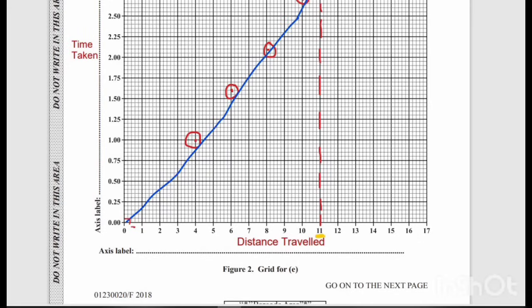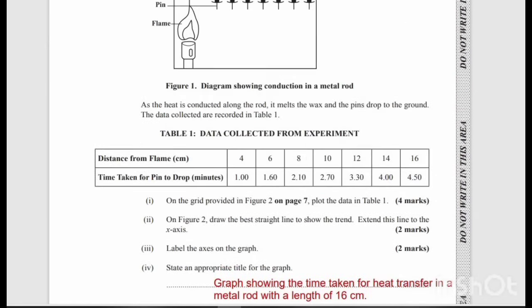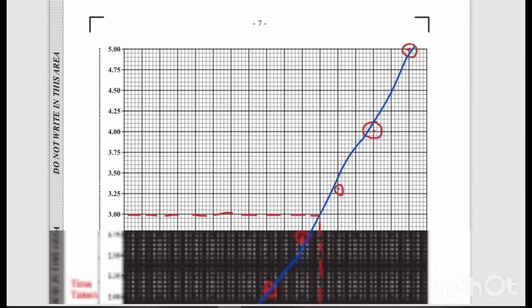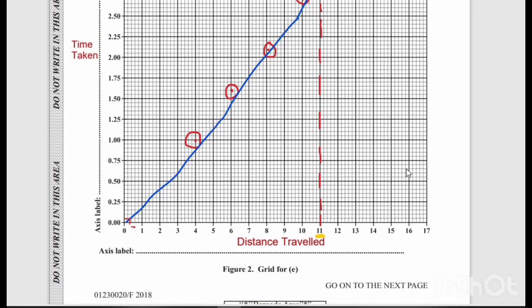Let's do the second one to show the pattern of how we got that piece of information. For distance, we said that it was 6 centimeters. The time taken was 1 minute and 60 seconds. So let's look at the distance traveled, or should I say 1 minute and 6 seconds, because as we know, 60 seconds make a minute. So 6, right here we have 6 centimeters. So let's go up. We have 1 minute and 50 seconds, right?